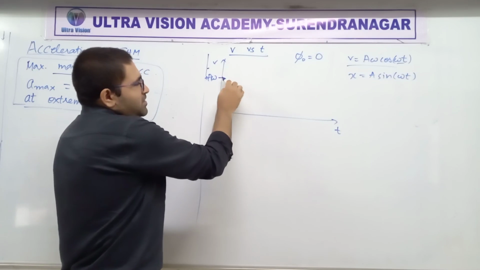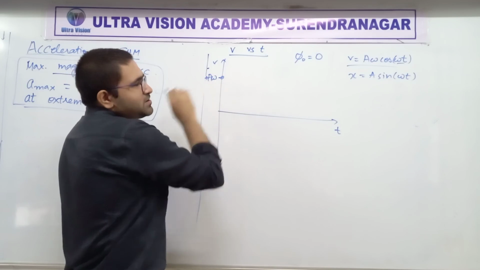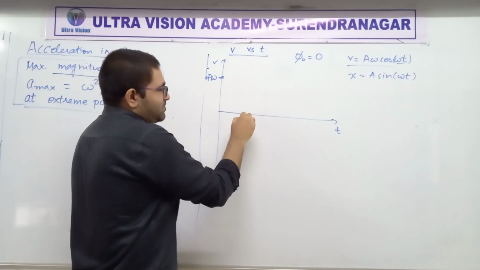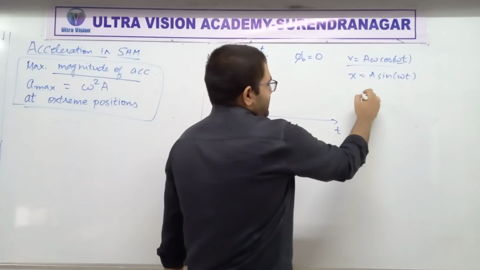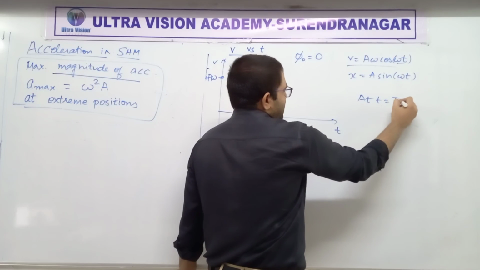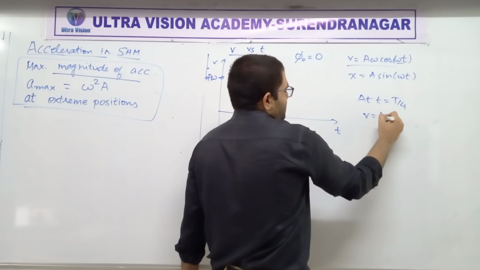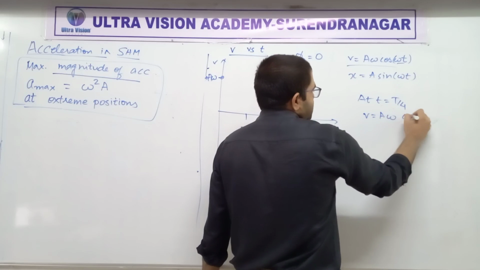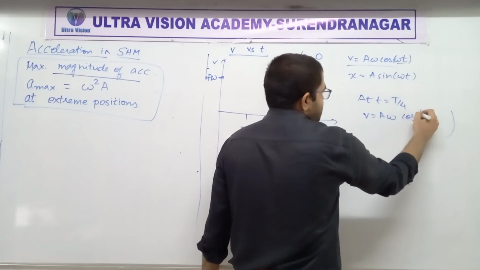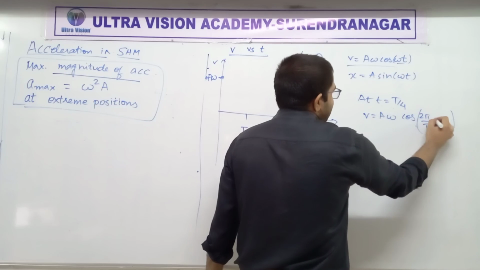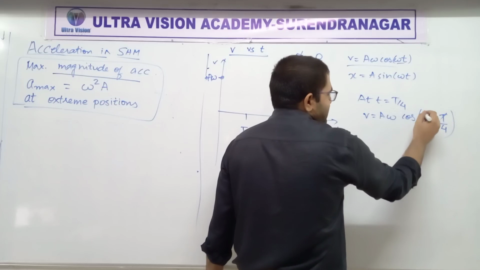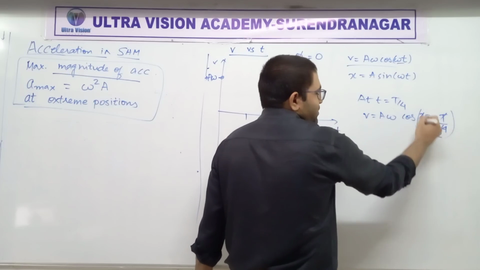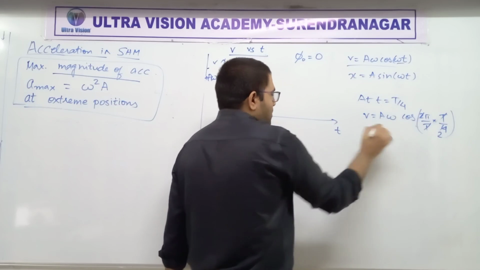So we start at A omega. Then after some time when we reach T by 4, V is equal to A omega cos, what's this, carefully? Omega is 2 pi by capital T and small t is T by 4, time period by 4. T cancelled, 2 cancel, pi by 2, cos pi by 2 is 0.